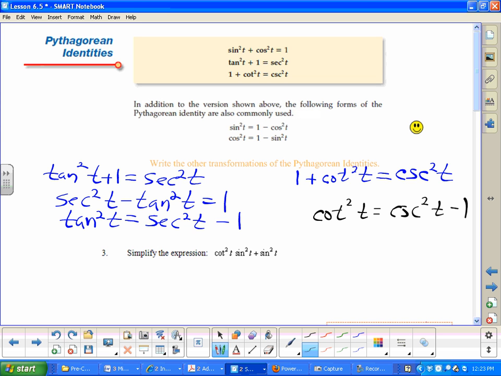So I could change cotangent squared to cosecant squared minus 1. I'm not going to, because that would actually make this harder in this case.